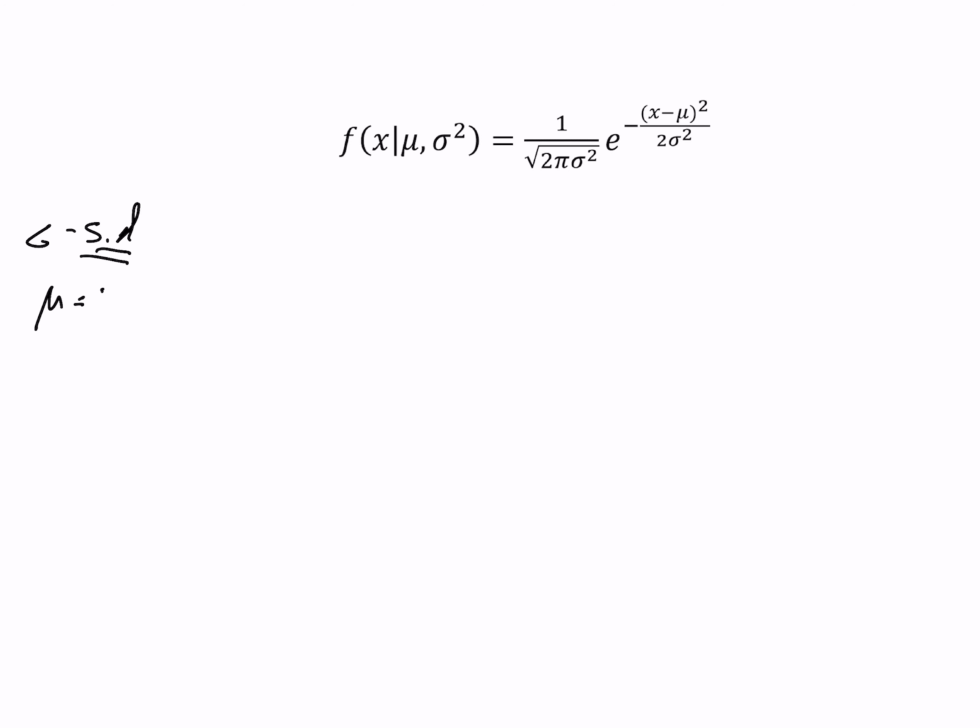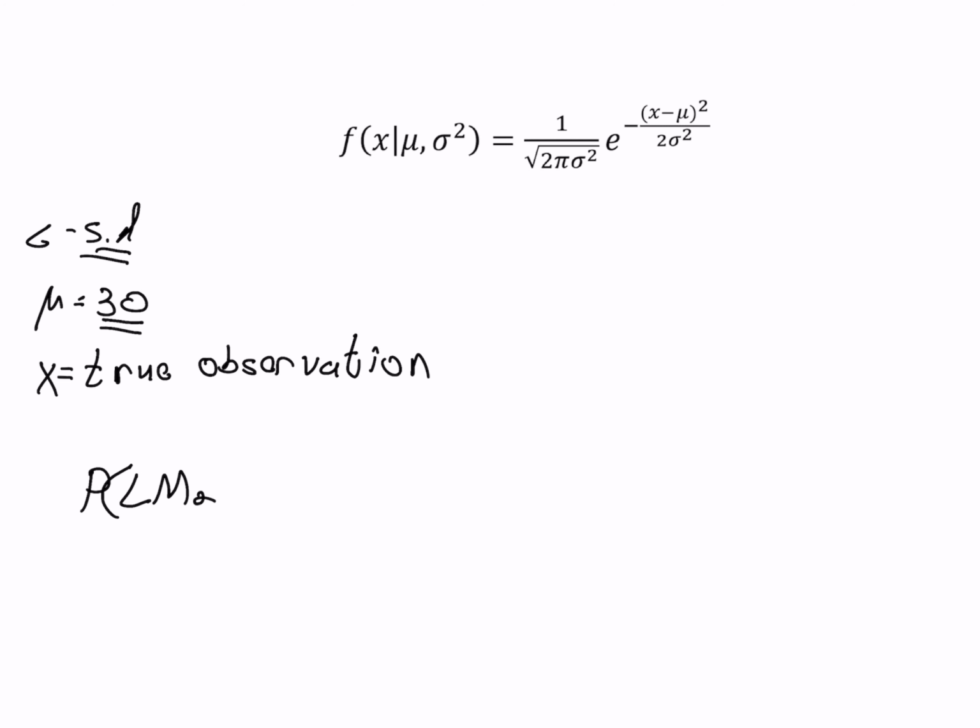In our example, it will be 30 because this is what we computed. What is x? X means the true observation, the true value that we got from the sensor. So I can compute it and I will get P, the probability of LM2 for the ith particle.